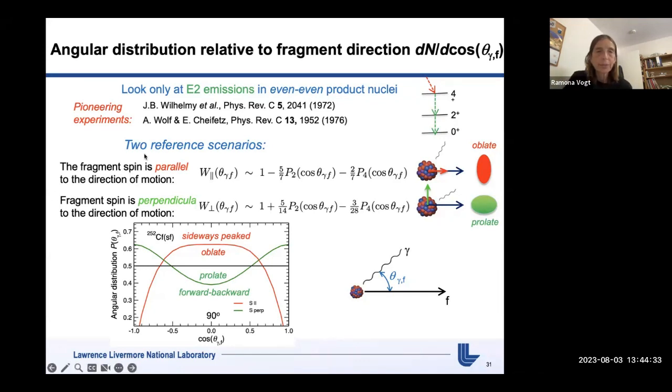So the fragment spin could be parallel to the direction of motion, and that's this sideways peaked or oblate shape, or it could be perpendicular to the direction of the motion, which would generate kind of a prolate shape with a forward-backward correlation in the cosine of the angle of the photon relative to the direction of the fragment.